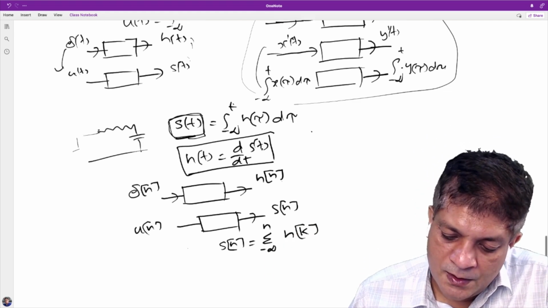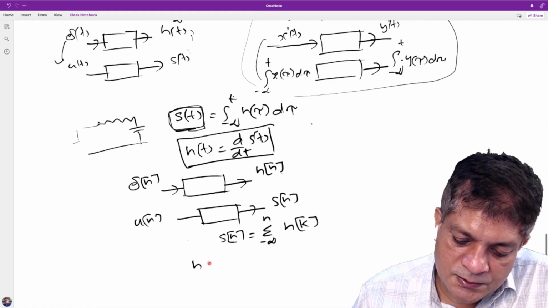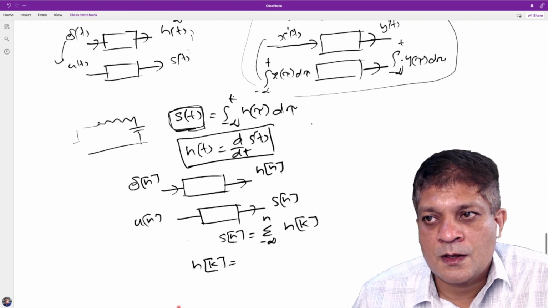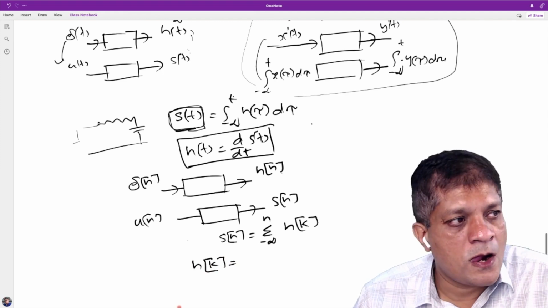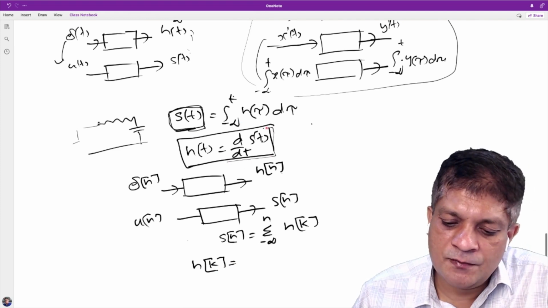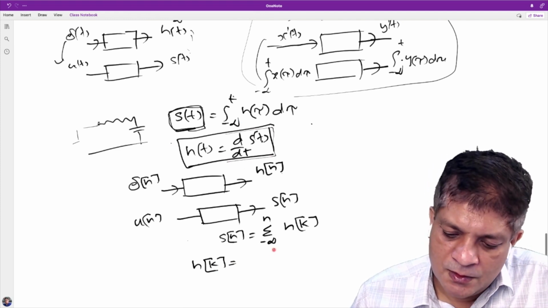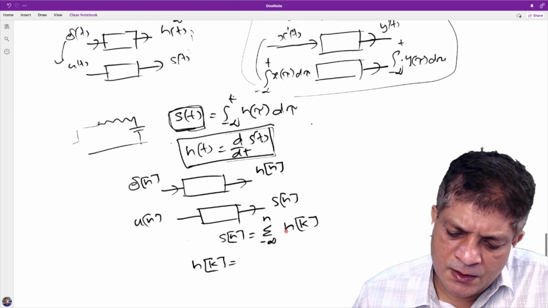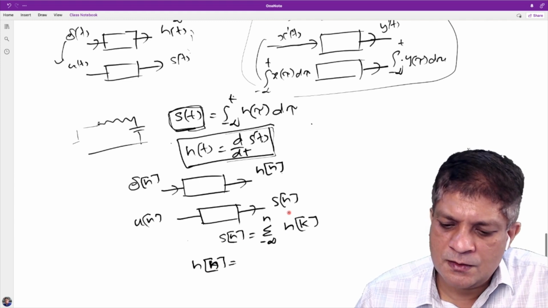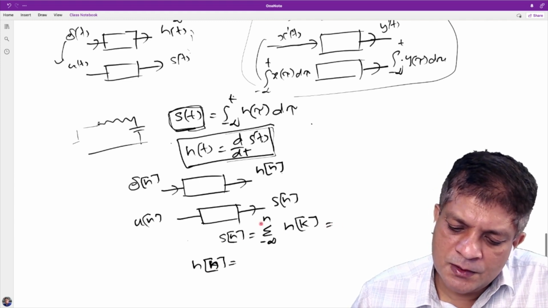Now what is h[k] in terms of s[k]? In continuous time it is the first derivative. So can you find h[n] from s[n]?